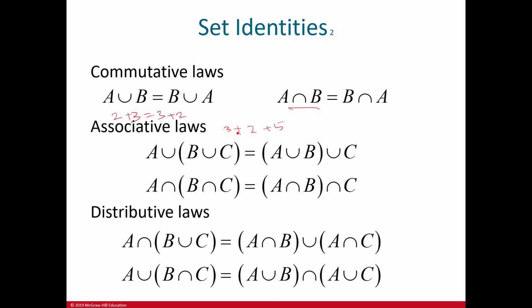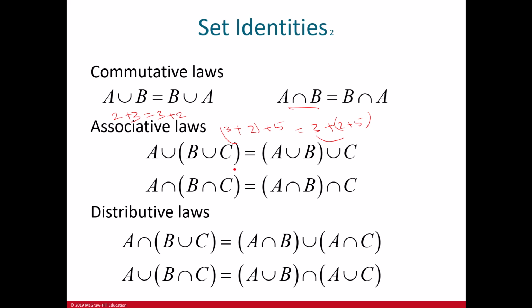I can add these first and then add the result, or I can do it the other way around. I can add the 2 and 5 and then add the result. I'm going to get the same thing. And this is exactly what this result really says. So in short, it means that brackets are not really important.